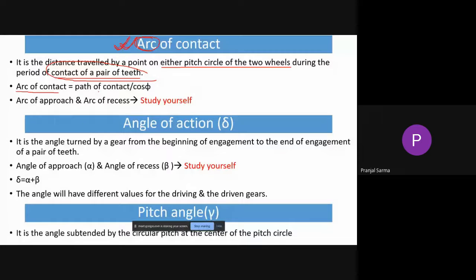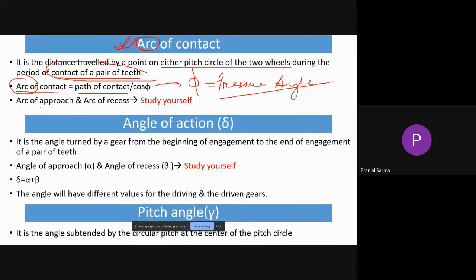So during the contact time, whatever is the movement of that particular point, the arc of contact is given by path of contact divided by cos phi. So what is this angle phi? Yesterday we have discussed. I have told that this is a very important one. This is the pressure angle. So path of contact divided by cos of the pressure angle gives you the arc of contact.